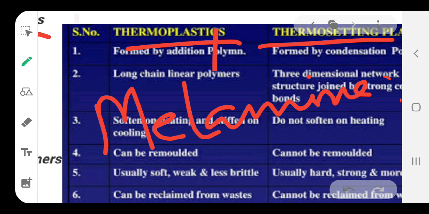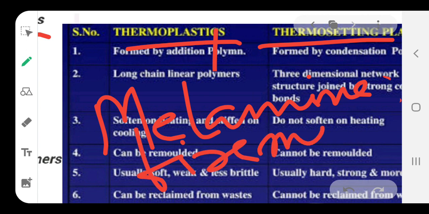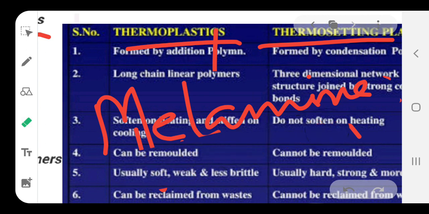As a result, these synthetic fibers are basically used by field workers such as firemen, who use a special fireproof dress code. Their whole material is made up of melamine.